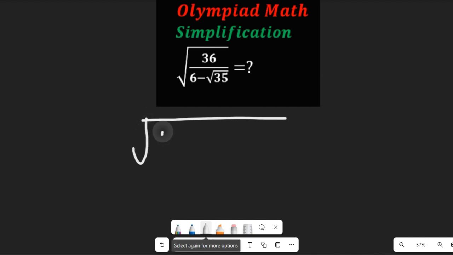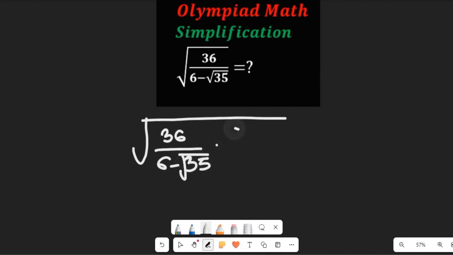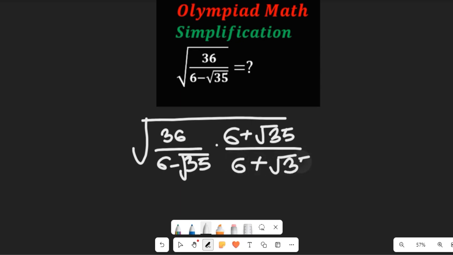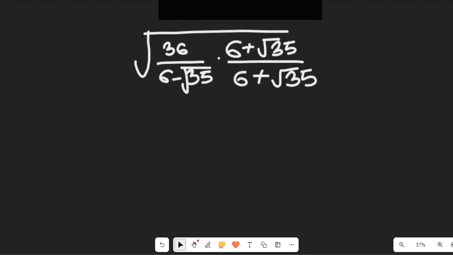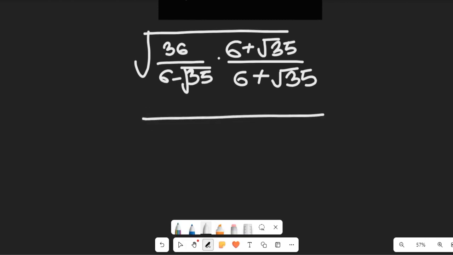So we are going to multiply 36 divided by 6 minus the square root of 35, by 6 plus the square root of 35 divided by 6 plus the square root of 35. Great. Now, having done this, what we need to do is to multiply. In the next step, we're going to multiply the whole expression.